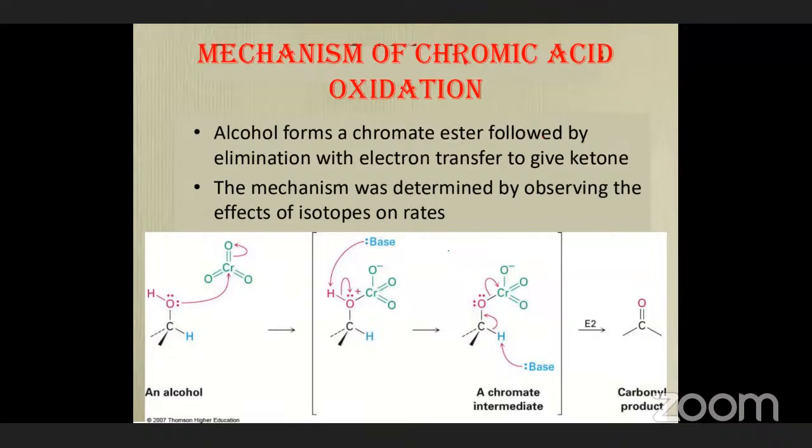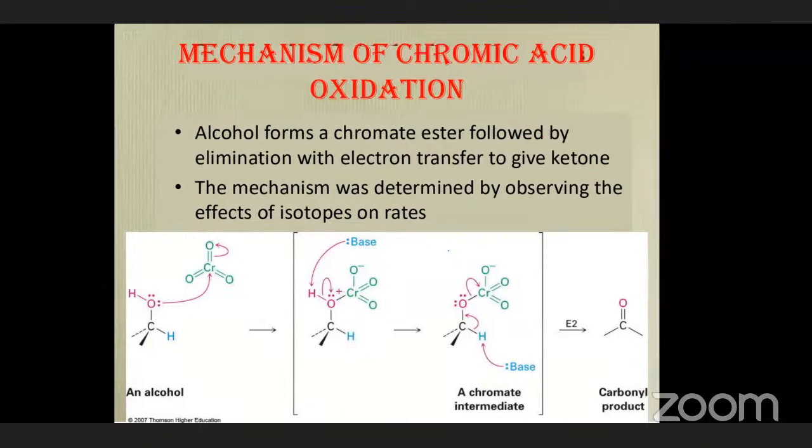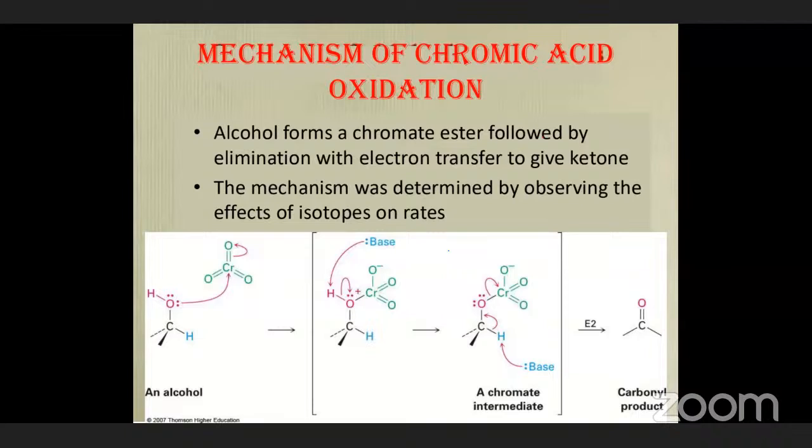That is what really does the oxidation. You can see here, this in green is the structure of chromic acid, and this slide shows you how the chromic acid converts your alcohol to a carbonyl compound.